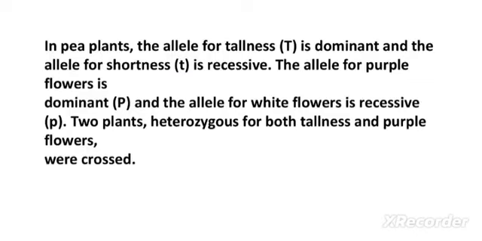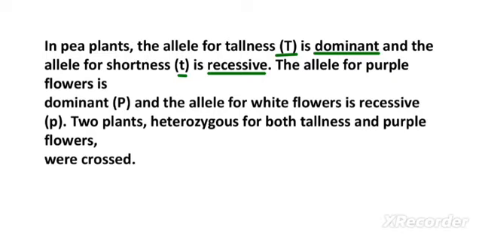They're saying that in pea plants, the allele for tallness is capital letter T. So obviously you know that it is dominant. And the allele for shortness is recessive, and the allele is small letter t for shortness. So far we've only spoken about one characteristic, which is height.